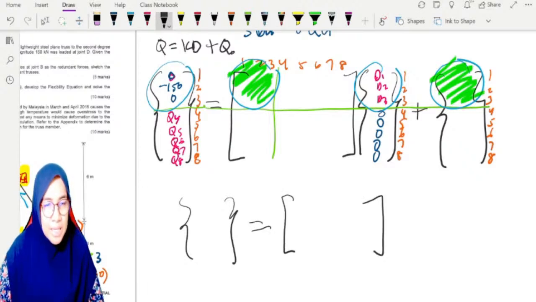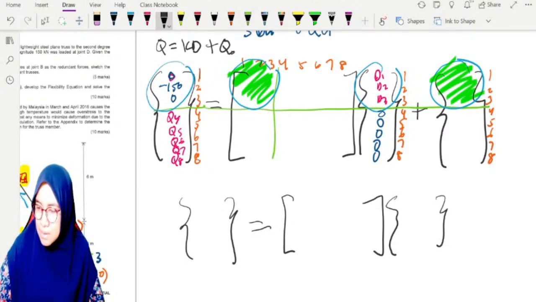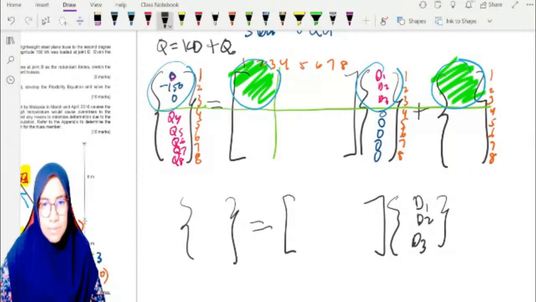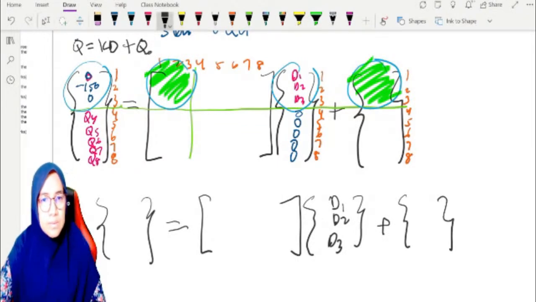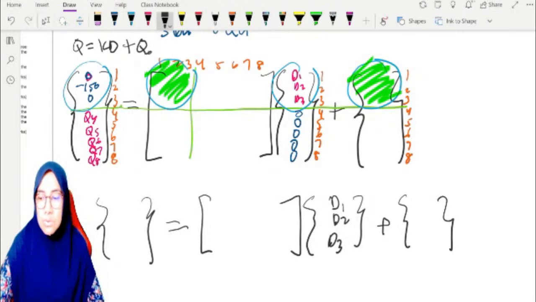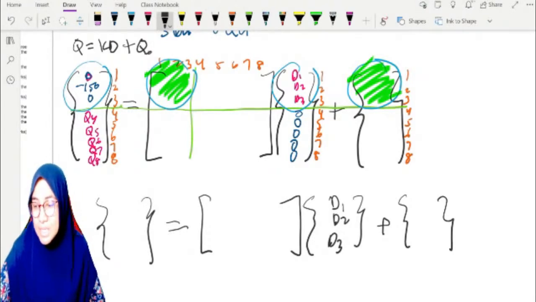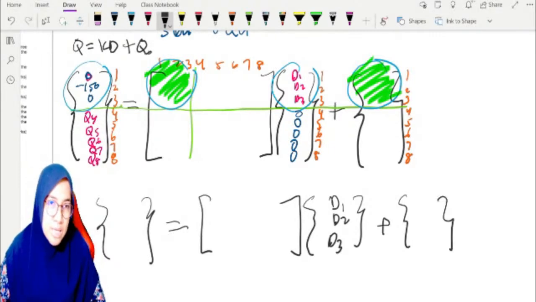It is a 3 by 3 matrix. This is D1, D2, and D3, plus this. If we don't consider temperature changes, then there will be no Q naught.